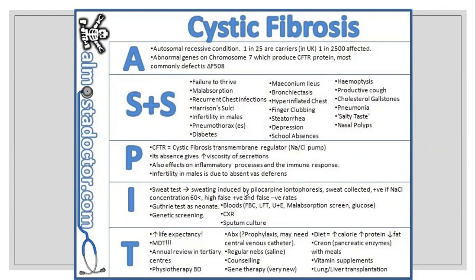Sweating is induced by pilocarpine, sweat is collected, and the test is positive if the sodium chloride concentration is more than 60, right? Treatment therapy increases life expectancy. It includes annual review, physiotherapy, regular lab tests, counseling, genetic therapy, diet, and also vitamin supplements.